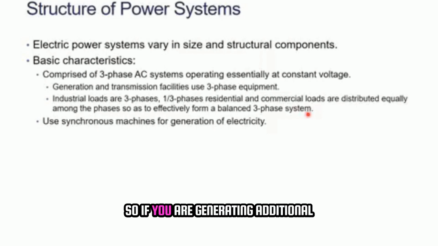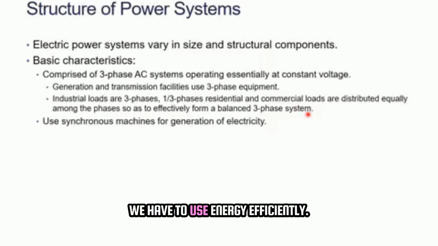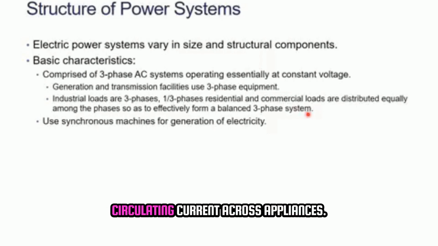If you are generating additional currents, and energy is very precious, we have to use energy efficiently, so additional currents will flow through this neutral wire, and it will flow through ground, and there will be a circulating current across appliances, and this additional current will lead to losses.